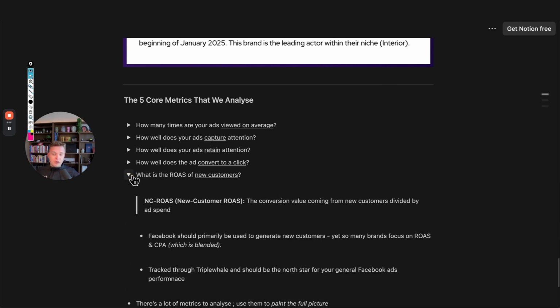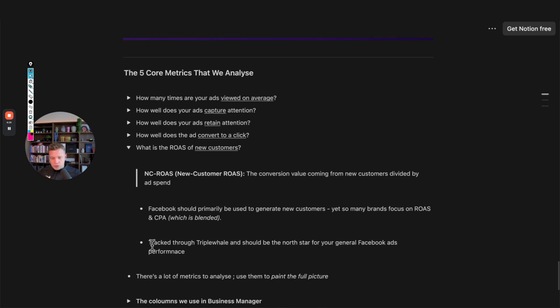Then, what is the ROAS of new customers? Facebook is, in my opinion, really made for generating new customers for a business. So for that, we use Triple Whale to track how good of a job we are at generating new customers for the business. We track the ROAS of the new customers that we're generating, because most of the ecom clients that we're working with also have strong retention strategies in place.